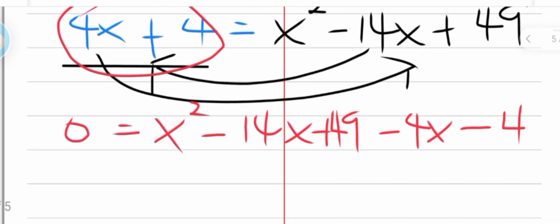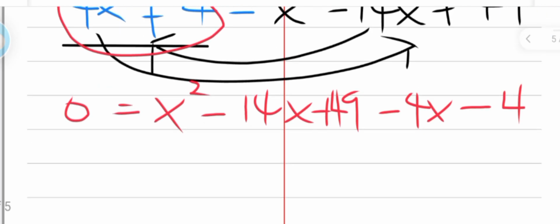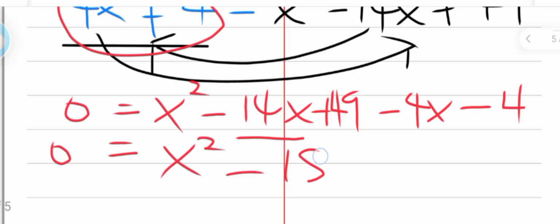At this end, we group like terms and do some subtraction. We have negative 14x here and negative 4x here. When we put the two together, we get x squared minus 18x.